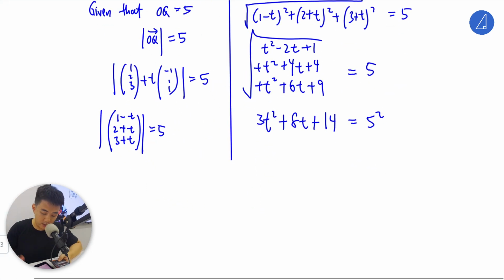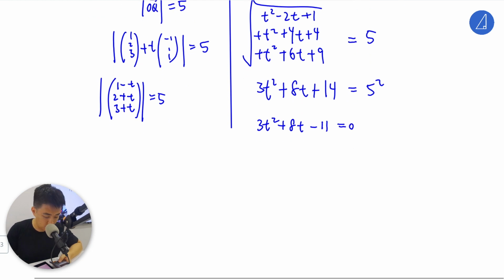So in this case here we'll get 3t square, and this is 0.